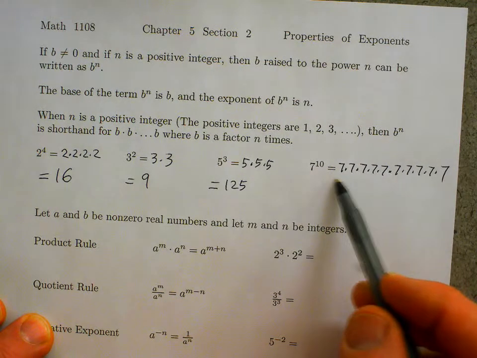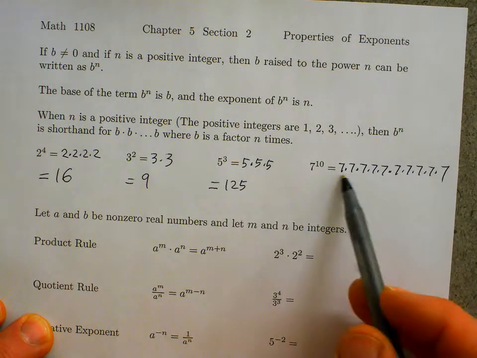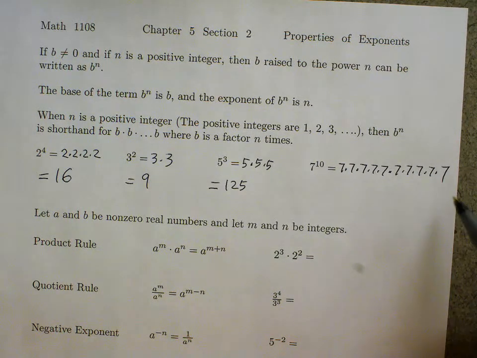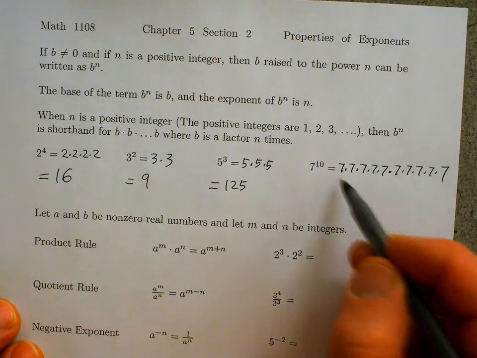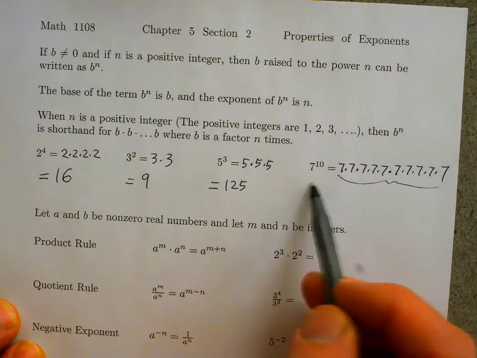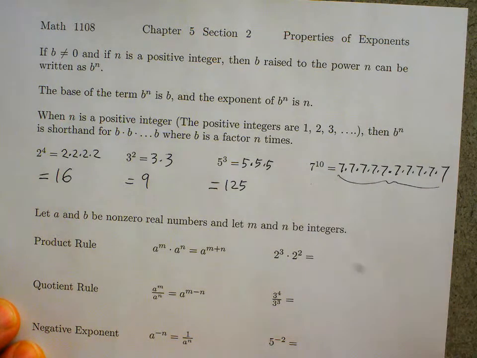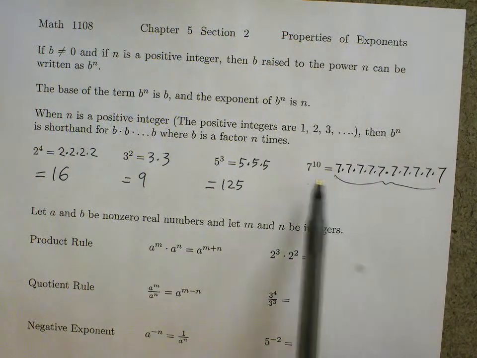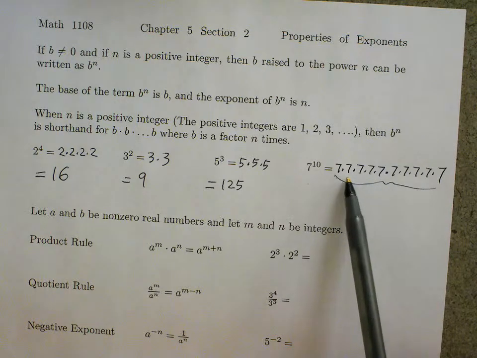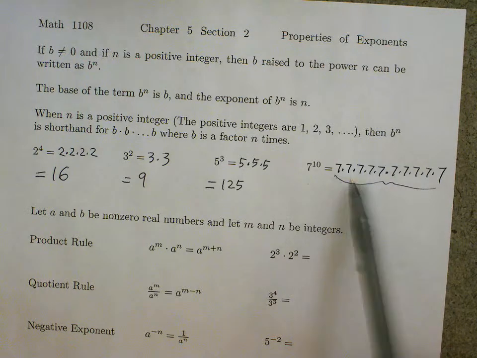So it's a pretty big number because if you multiply those out, well, it's going to be a large number. But perhaps you'll be convinced that writing 7 to the power 10 is much more convenient than writing out a product of n factors of 7.